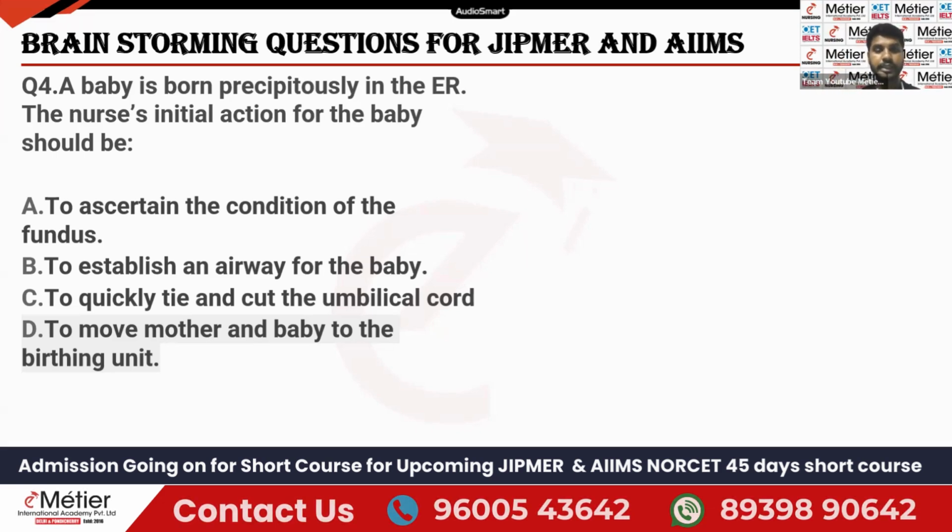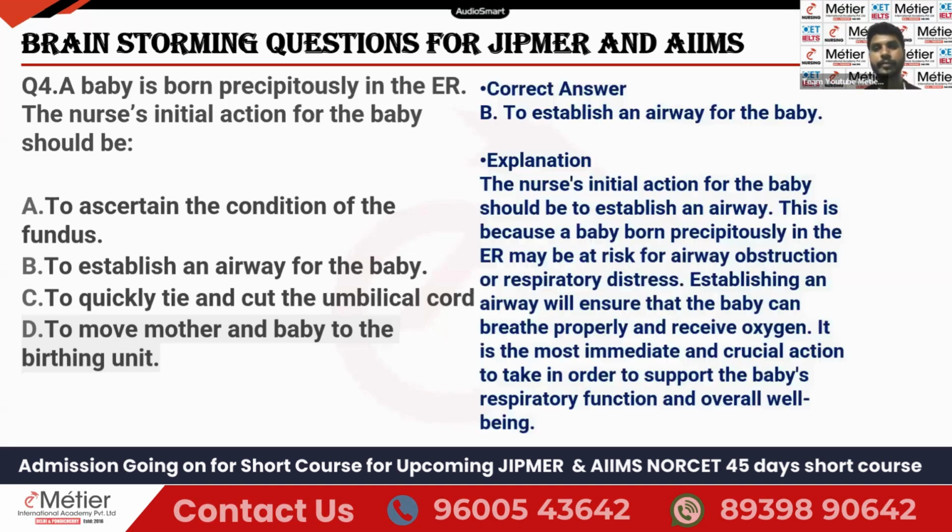So in this scenario, what is the nurse's initial action the question is asking. The options they have given: A, to ascertain the condition of the fundus, B, to establish an airway for the baby, option C, to quickly tie and cut the umbilical cord, option D, to move mother and baby to the birthing unit. So what is the right answer? The right answer is establish an airway for the baby.